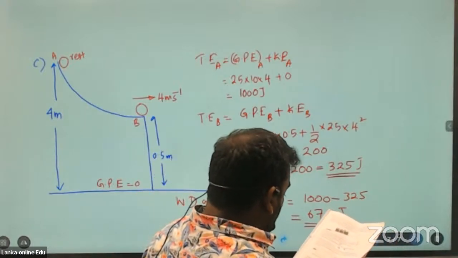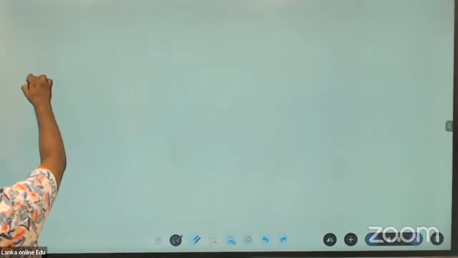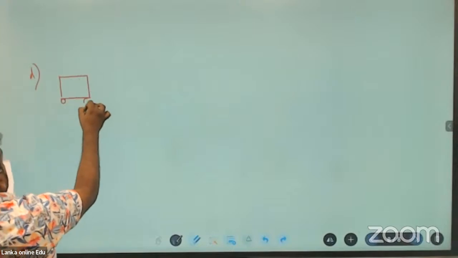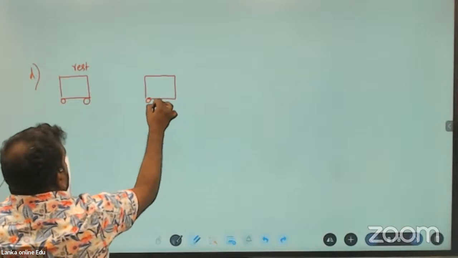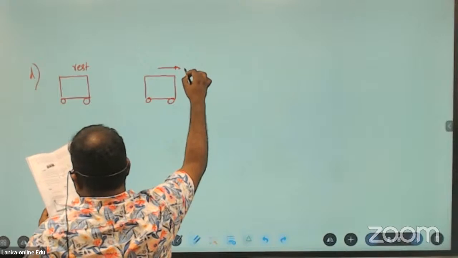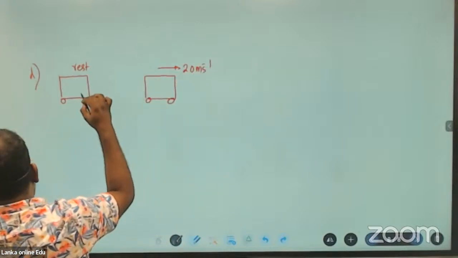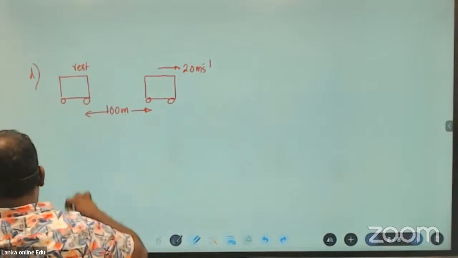Part D. A car moving along a horizontal road increases its velocity by 20 meters per second from rest. So here the car is at rest and increases the velocity up to 20 meters per second, moving 100 meters.